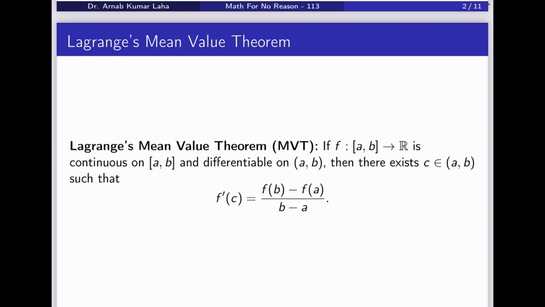So it essentially says that in between a and b there is a point c where the slope of the tangent at that point would be the same as the slope of the secant joining the points (a, f(a)) and (b, f(b)). That is, your tangent is parallel to the secant.